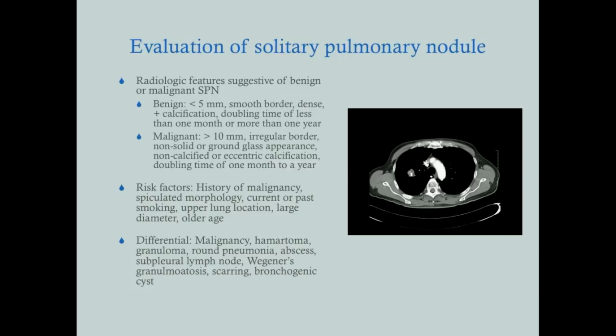Infectious things like granulomas, tuberculosis, round pneumonia, abscesses. Non-infectious things like amyloidomas, rheumatoid nodules, Wegener's granulomatosis can show up as nodules in the lungs. And then congenital things like bronchogenic cysts. Okay, I think I beat that horse enough.